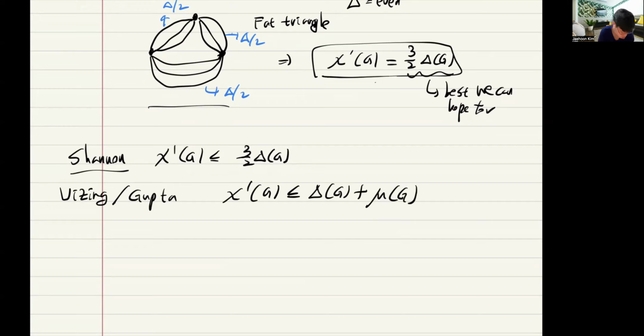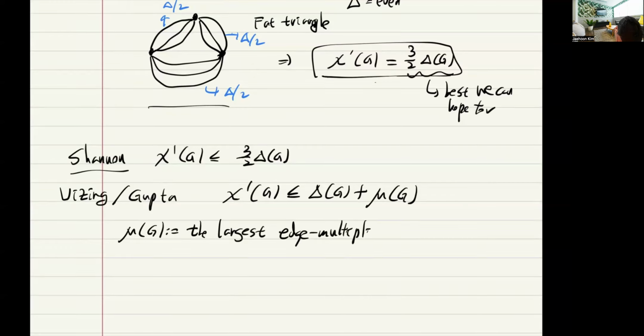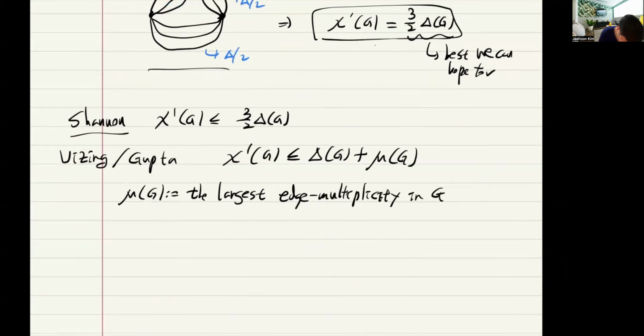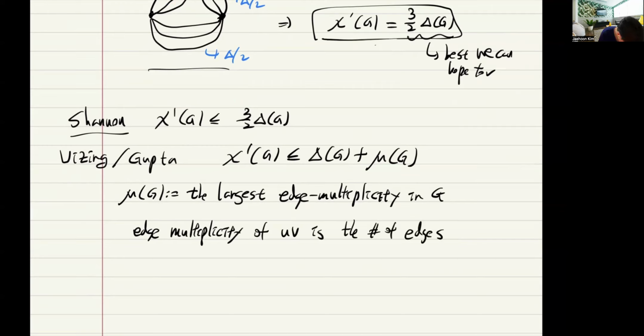Here, what is mu of G? The mu of G is the largest edge multiplicity in G, where we define the edge multiplicity of u, v as the number of edges between two vertices u and v.